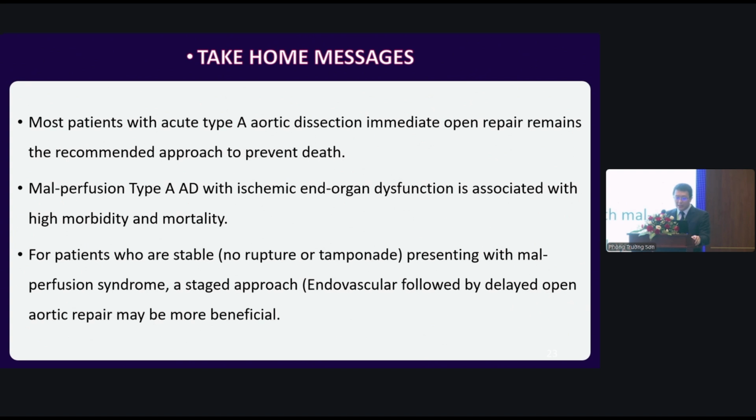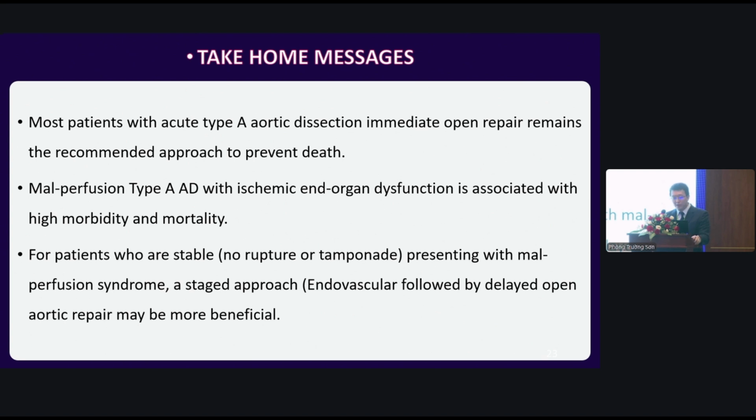So I think in most patients with acute type A aortic dissection, open repair remains the recommended approach to prevent death. But for patients with malperfusion type A, sometimes it is very difficult. You can choose open repair, or I can choose endovascular for this patient, especially in a developing country like Vietnam, because we have some problems with the economy.